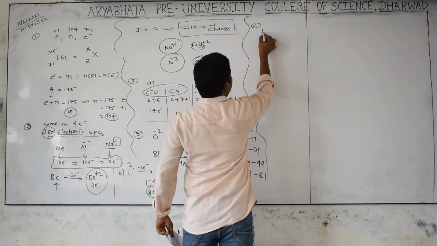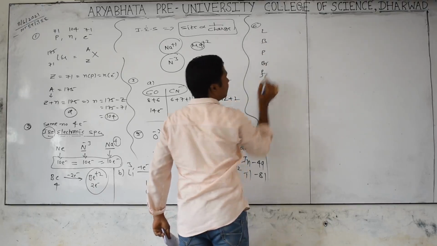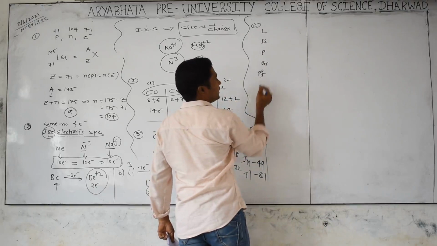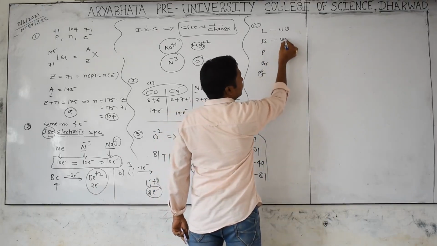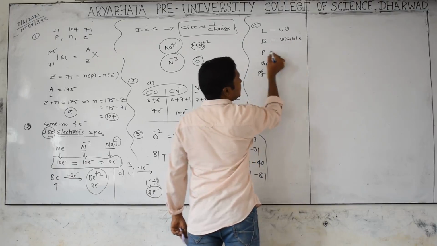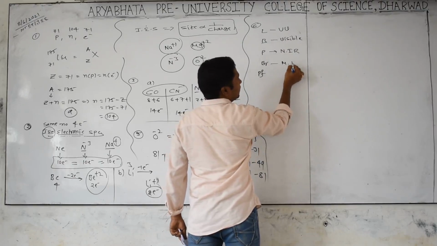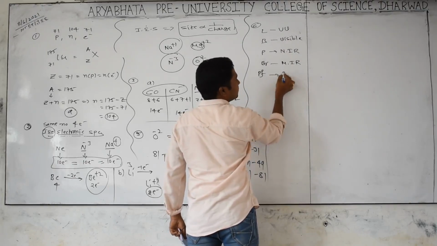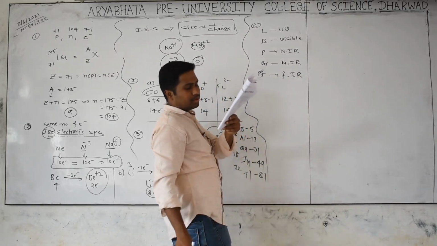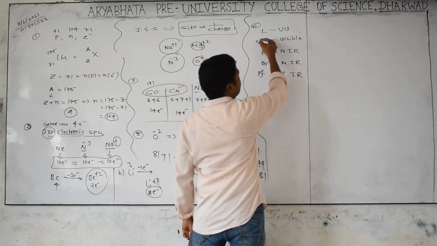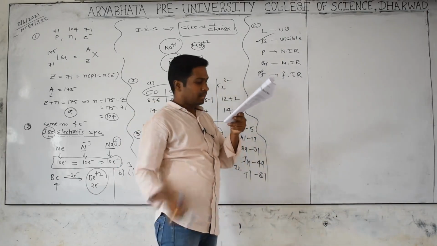Yesterday I told you we have Lyman, Balmer, Paschen, Brackett and Pfund series. Lyman series is ultraviolet, Balmer series is in the visible region, Paschen is near IR, Brackett is middle IR, and Pfund series is far IR region. It is asking which falls in the visible region. Visible region is nothing but Balmer series. So option C is a good question.